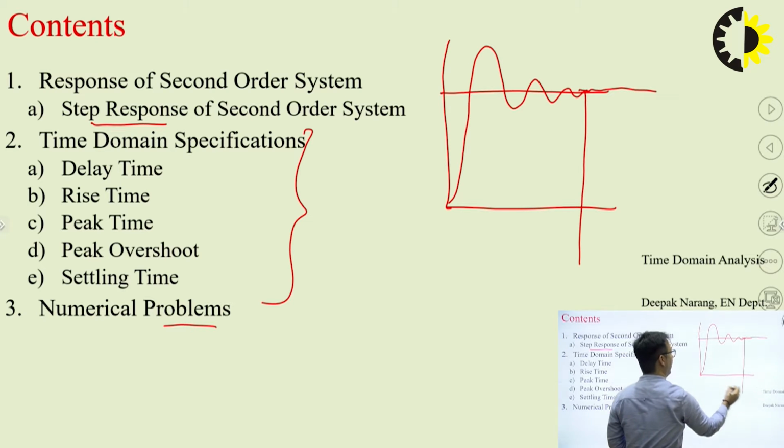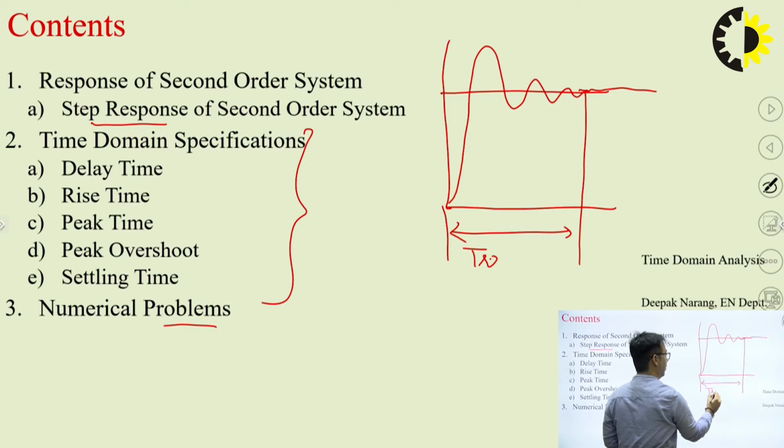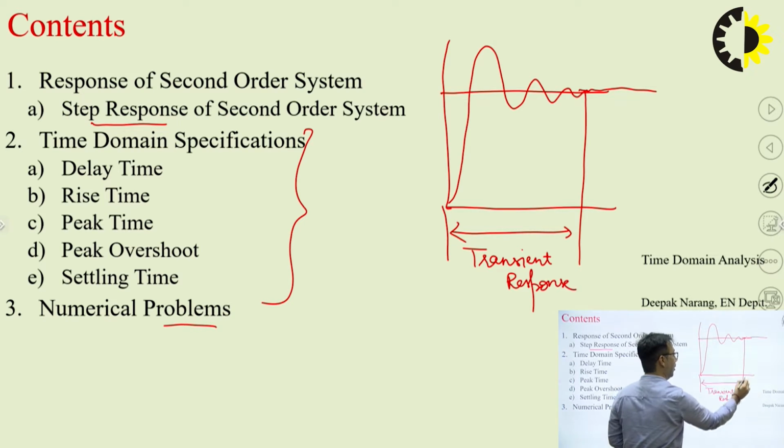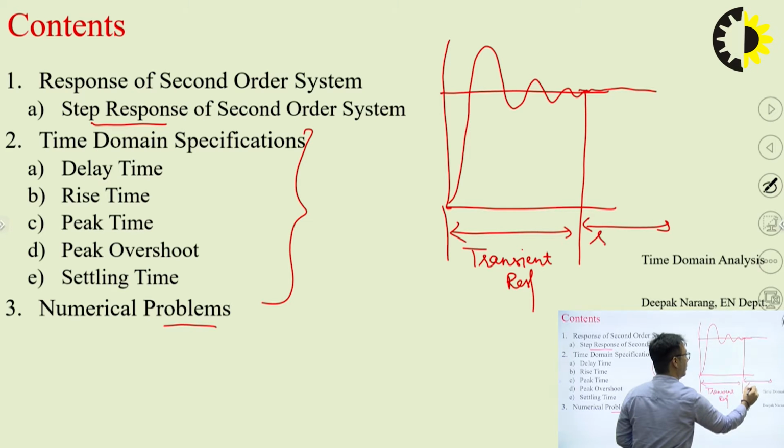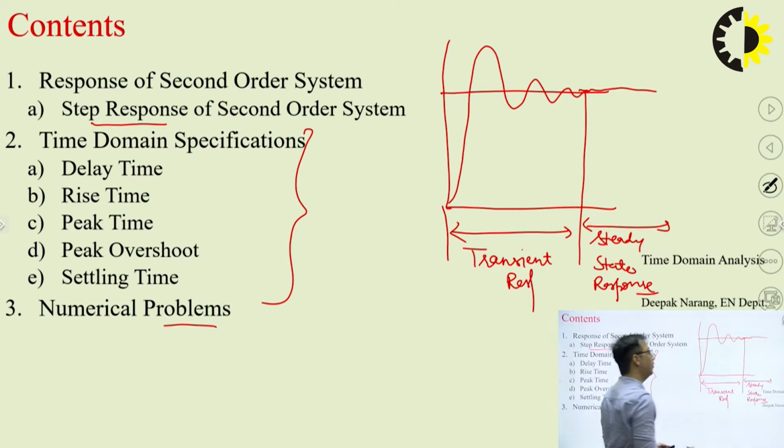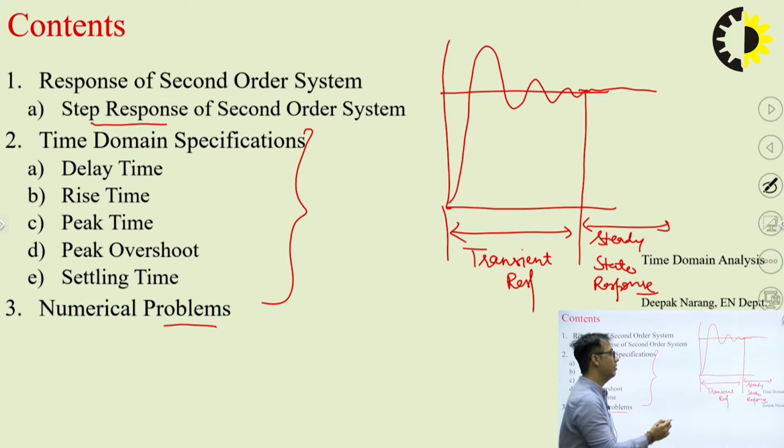So we can classify it as this is transient response and this is steady state response. So we are going to discuss both the responses of this second order system.